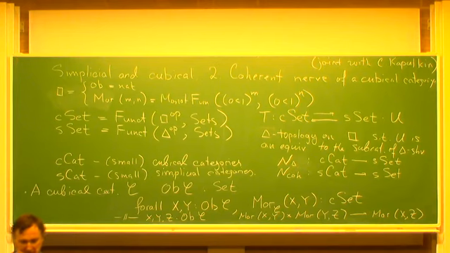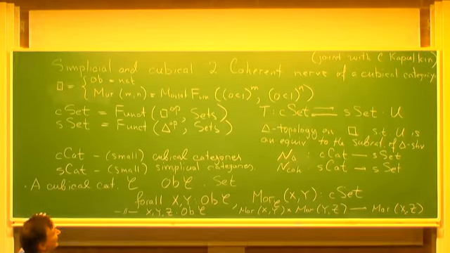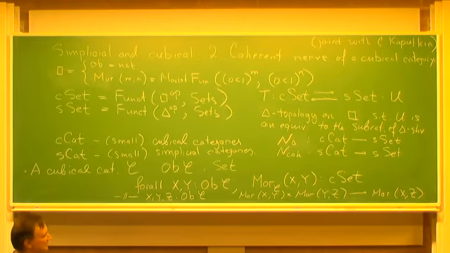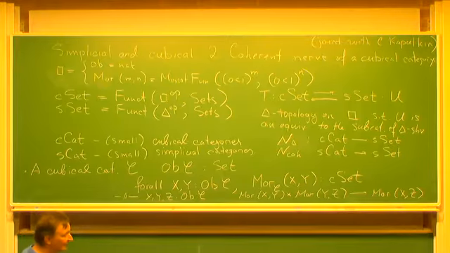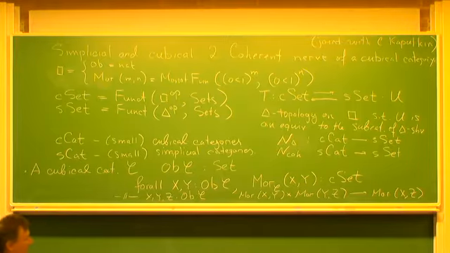So this product structure will have to be chosen before we can, if we're doing things carefully, then we first have to construct a binary product structure, and then we can say what the cubical category is.